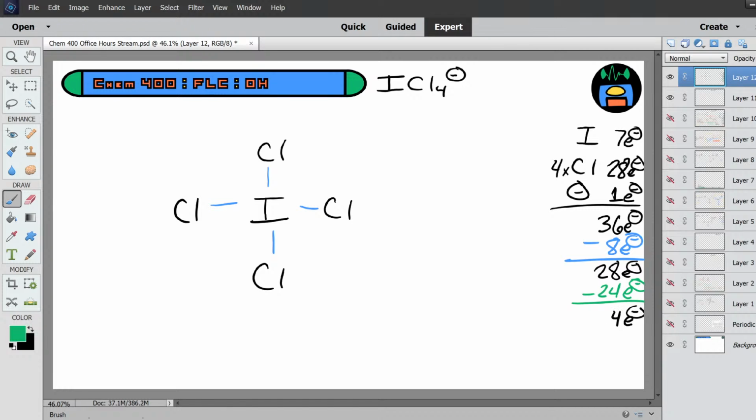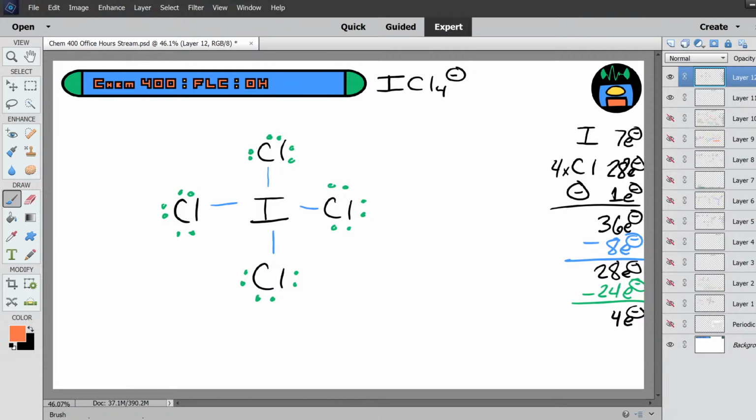All right, so let's draw all these in. It'll take just a second. All right, there's all our chlorines with full octets. But now you'll notice that we have 4 electrons left, and so we've got to place them on our molecule.